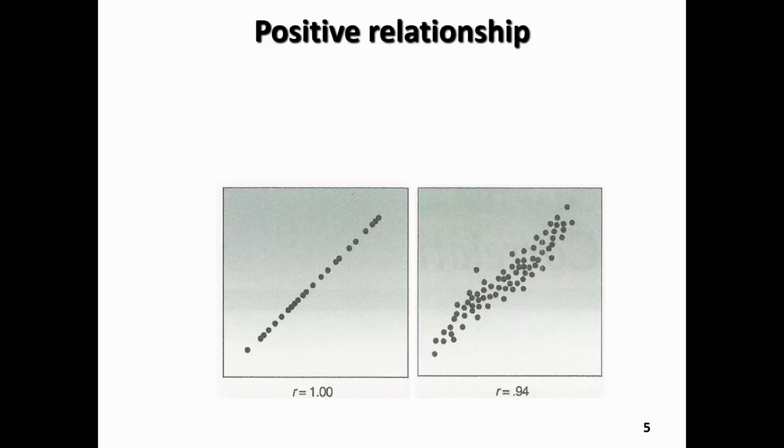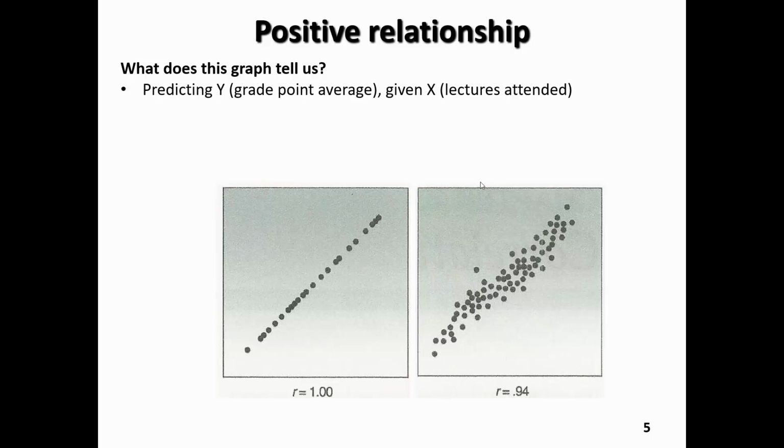And so to examine different patterns in the data, we begin by looking at what's called a positive relationship. If we take a look at these two different graphs, what we're trying to do here is predict a criterion variable, or the y variable. For our example, we're going to say the y variable is the grade point average, an overall average for students.